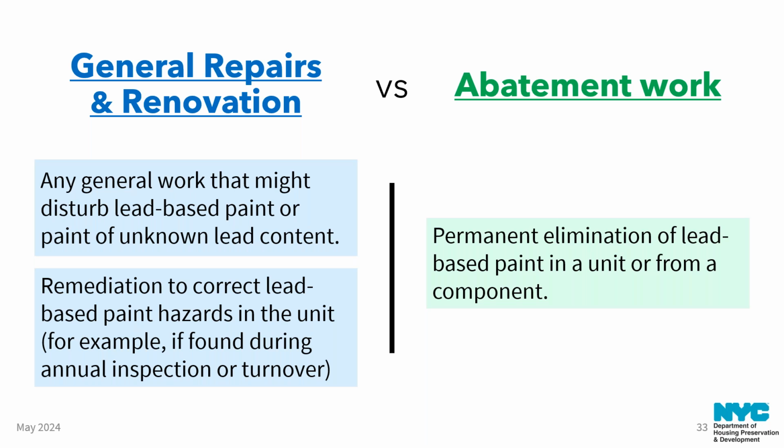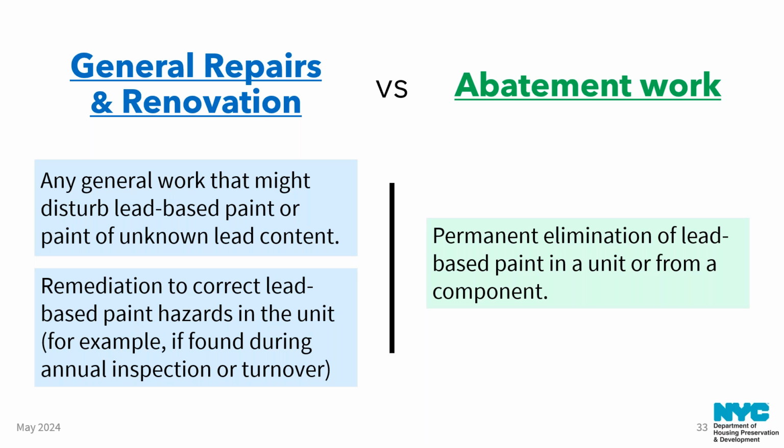Now, in theory, if you're repainting, you may not need to disturb any paint, but typically the repainting process also involves sanding. If you are sanding down paint, that's disturbing it. And if it's more than 2 square feet or 10% of the small component, then that's going to fall under this general repair and renovation requirement, and you'll need to use contractors with the proper licenses.